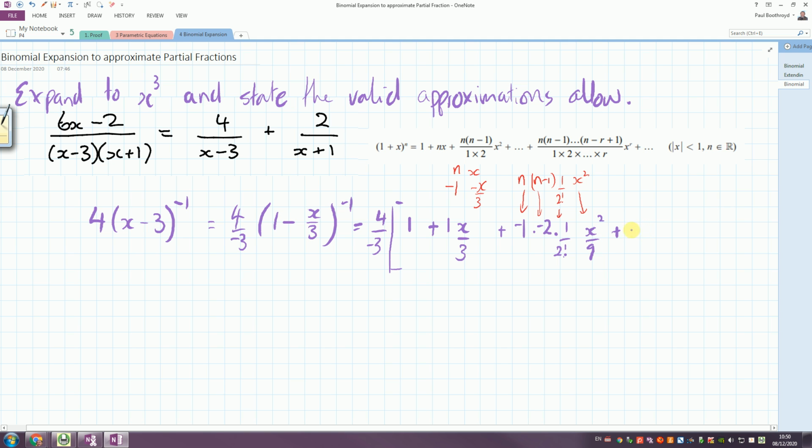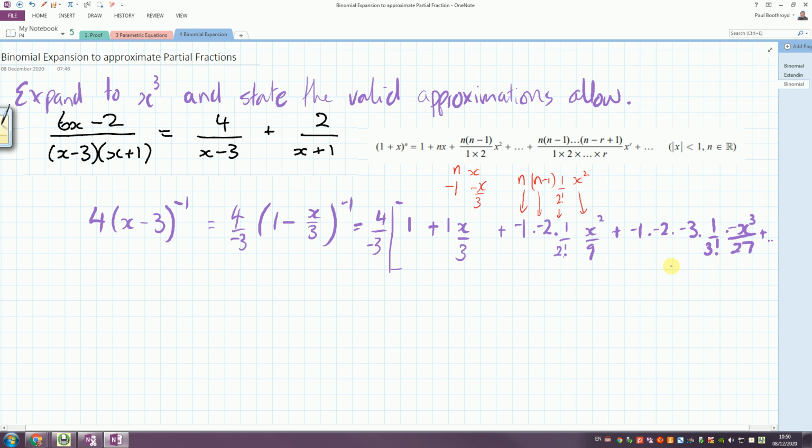So plus minus 1 minus 2 times minus 3 times 1 over 3 factorial minus x cubed over 27. And this continues forever. Okay. A couple of things to notice.